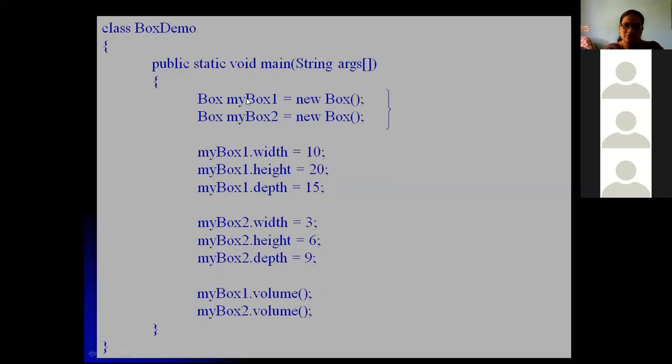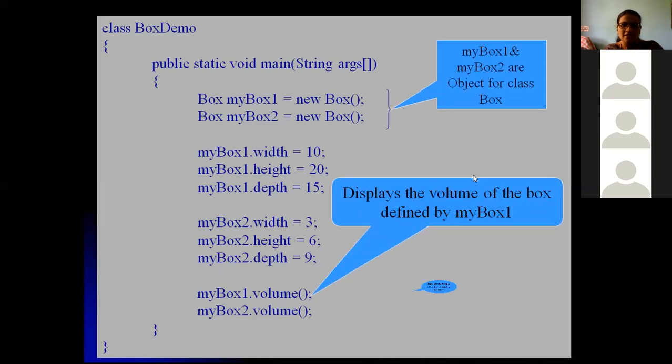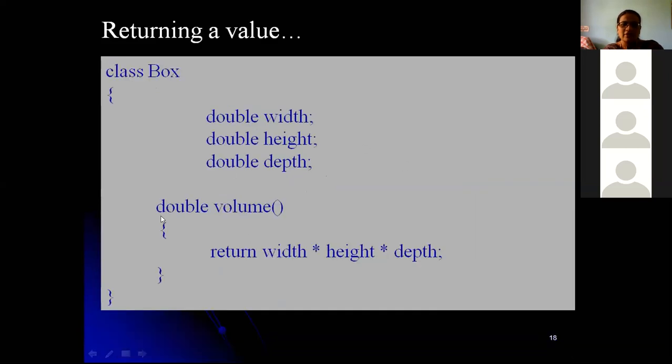Okay. So here we have created two different objects, and for those two different objects we have assigned different variables, and we are calling the same function with a different object. Okay. And next is the same example we have taken, but the function is returning a value. So here you can see that in the earlier example we had void as a data type, here double as a data type. So we are returning something.